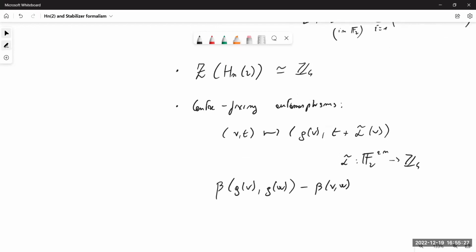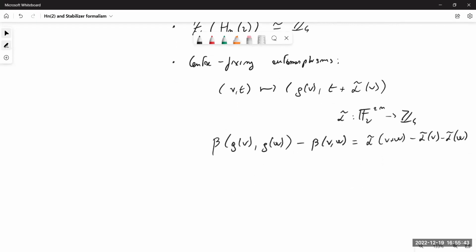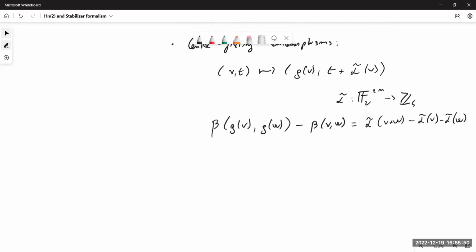You have on this side this thing, and this is equal to alpha tilde of v plus w minus alpha tilde of v minus alpha tilde of w. And now we can in principle do the same as we did in the odd case. We recognize that the term on the right is symmetric, so also the term on the left must be symmetric.